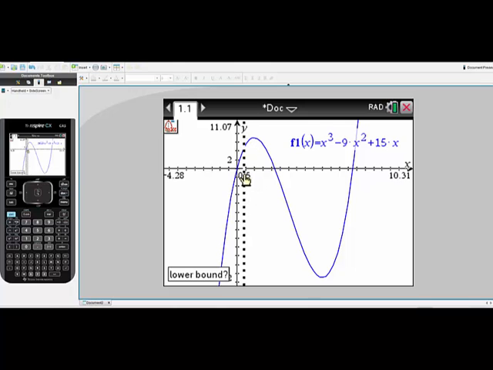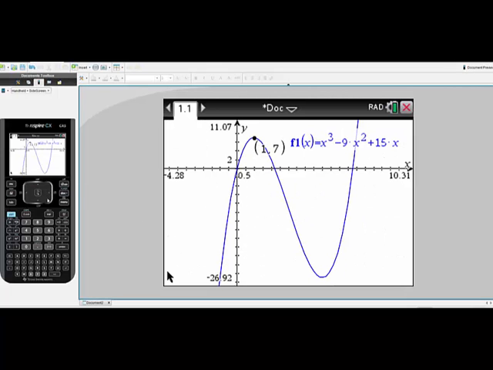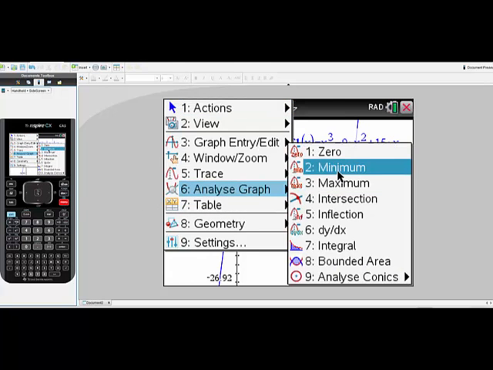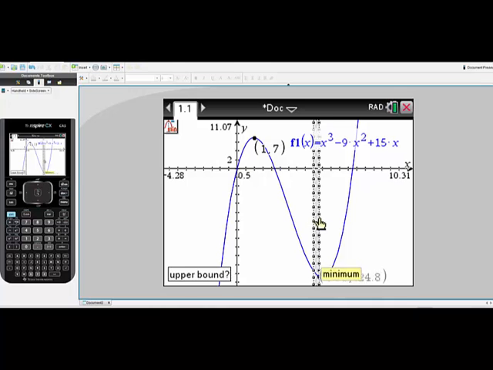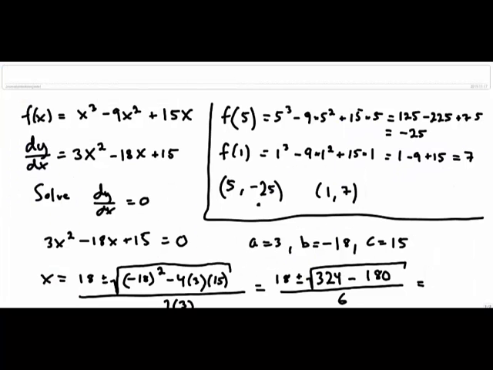Go a little bit to the left, a little bit to the right. 1, 7. What did we get? 1, 7. Menu, analyze graph, and the minimum. Let's go a little bit to the left, a little bit to the right. We have 5, minus 25, and we got 5, minus 25.